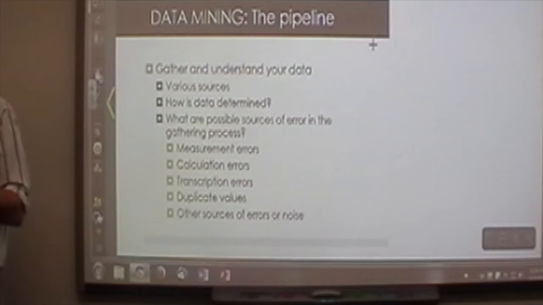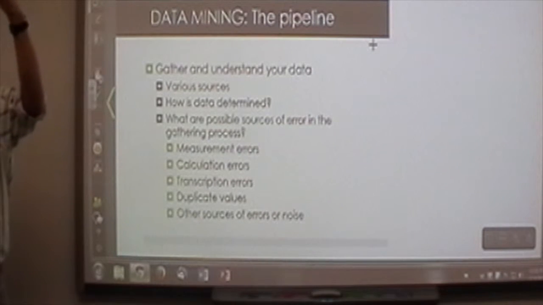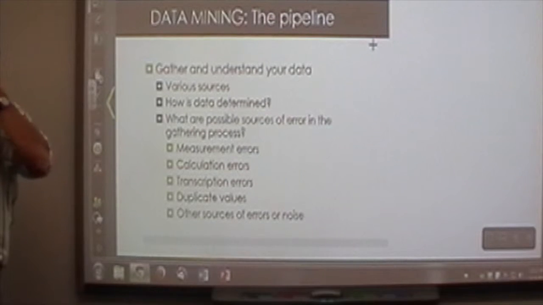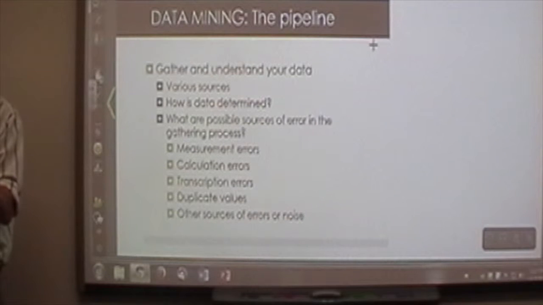Sometimes there's a transcription error. If you're looking at 100,000 points, unless you want to go through manually and search for that, it's going to be difficult to actually determine the errors, but be aware that there probably are errors.